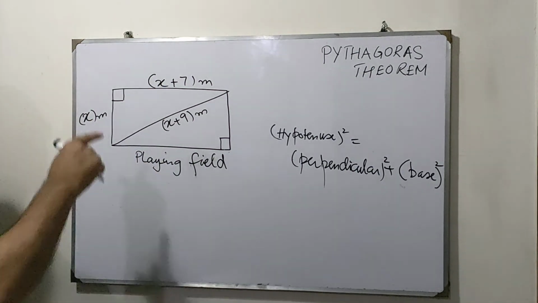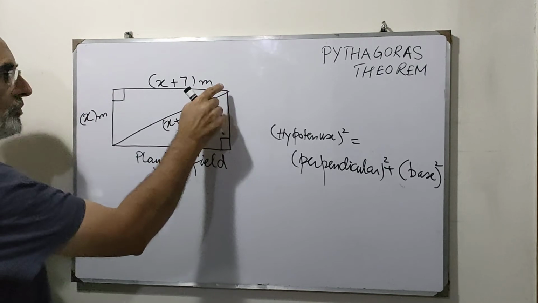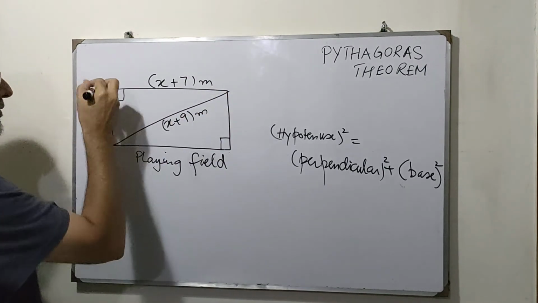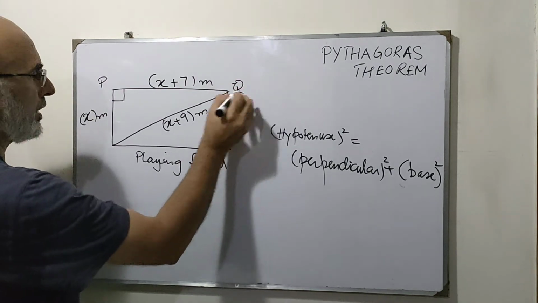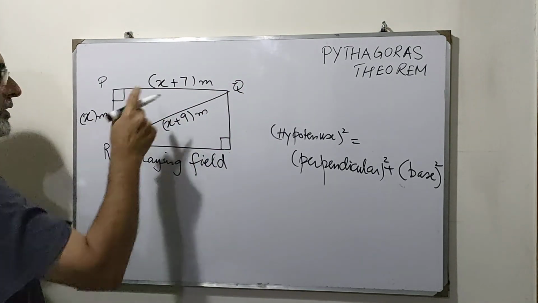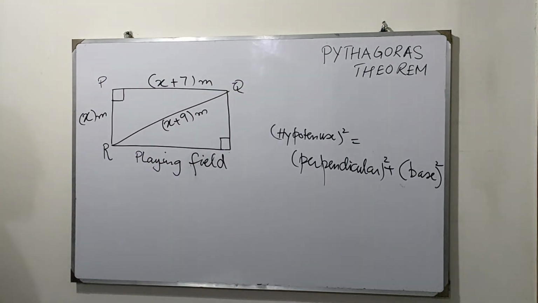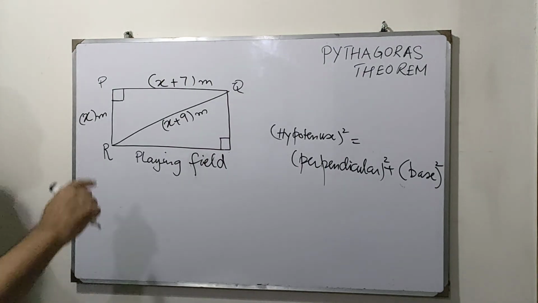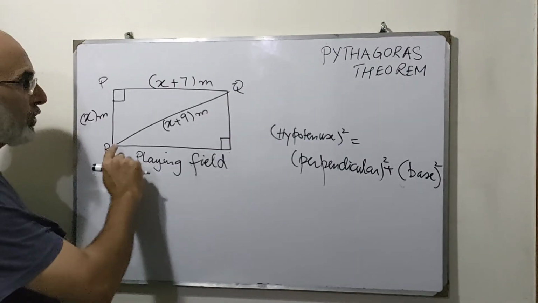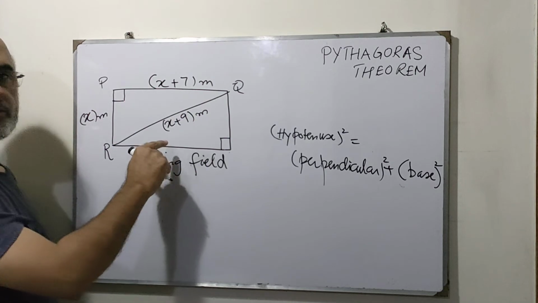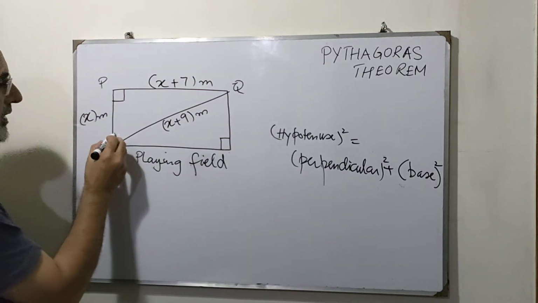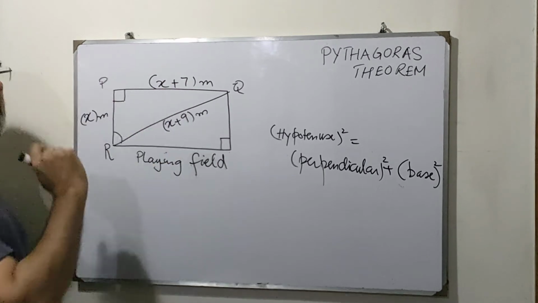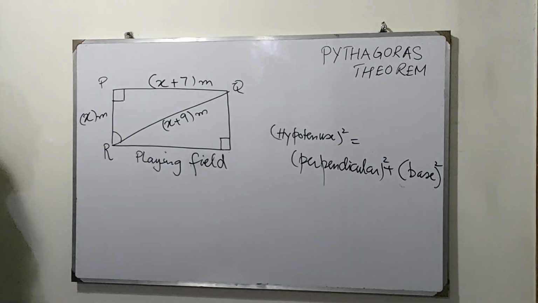Now if this is 90 degrees, we will consider only this part, say P, Q and R. So this PQR is the area of interest. This QR is opposite to the right angle, so this is the hypotenuse. This is perpendicular and this is base.